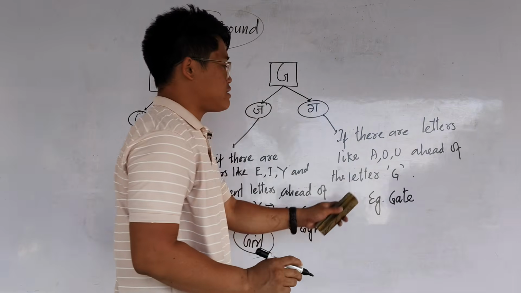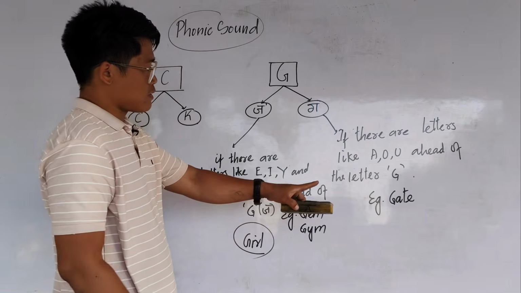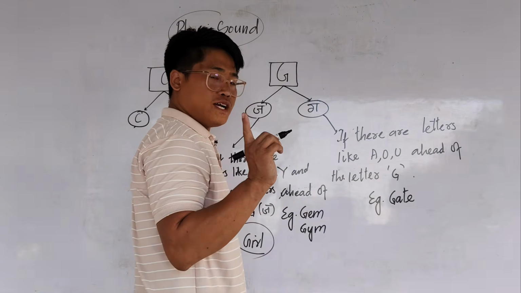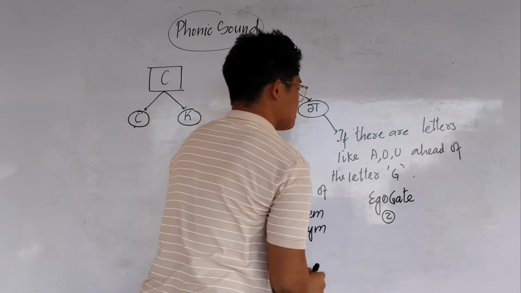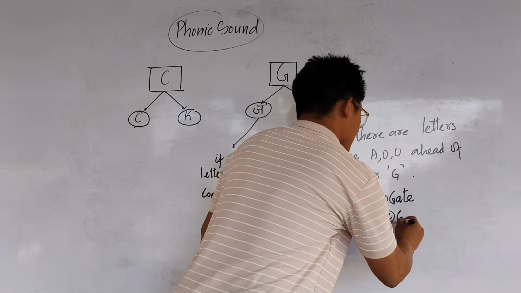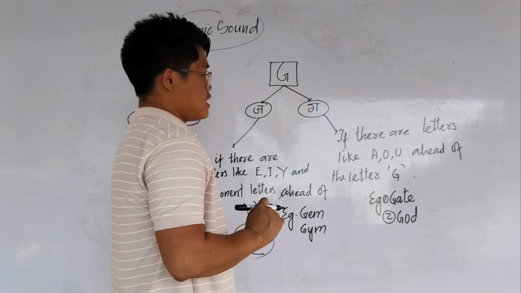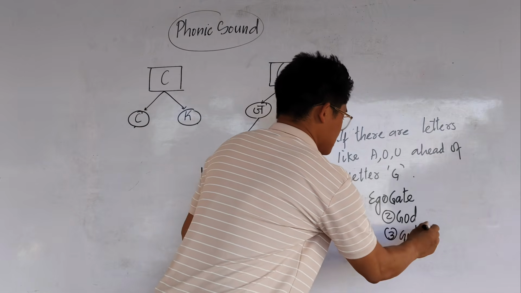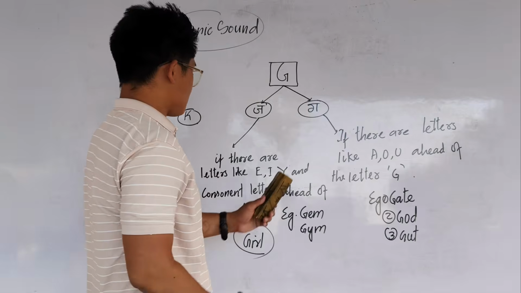How do you pronounce this? Gate, right? It is G. Another example is G-O-D. God. G-U-T. Gut. So keep this in mind.